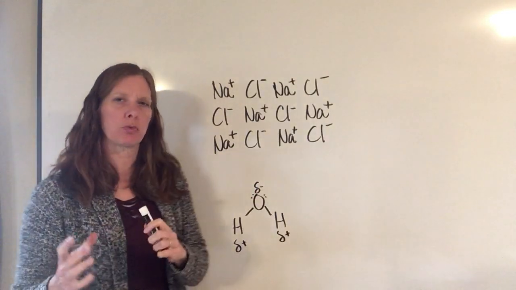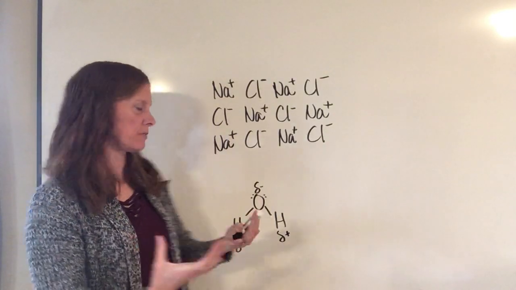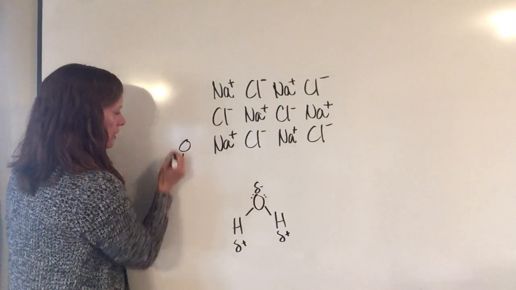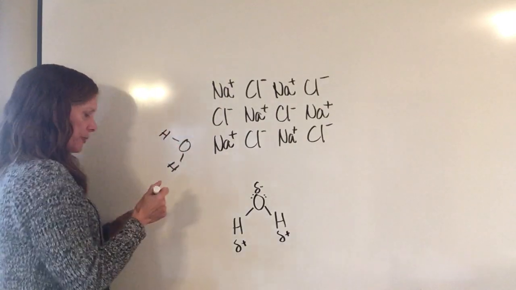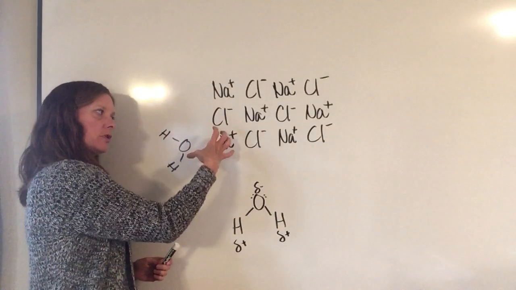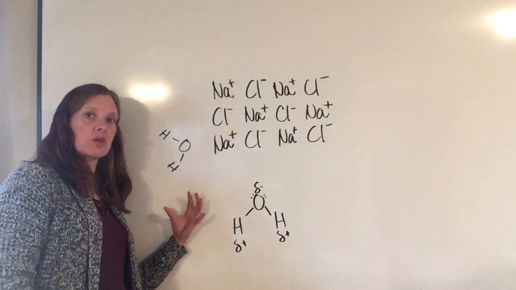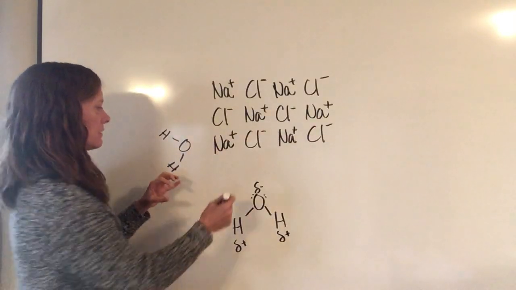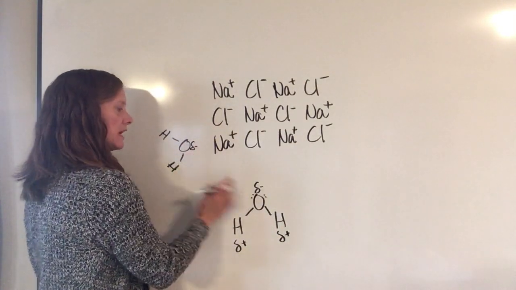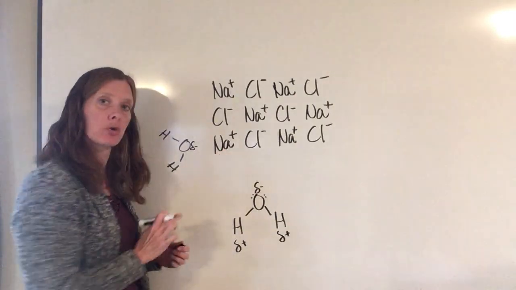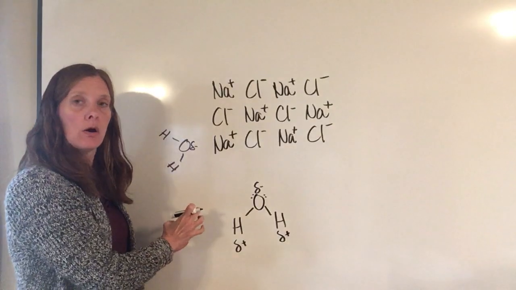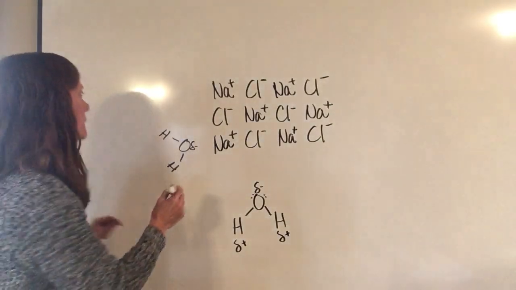And remember that when we do this, we actually have to think in 3 dimensions. So I could draw another water molecule coming at it from this way, but because it's 3 dimensions, there's going to be water molecules coming from in front of the board, there's going to be water molecules coming at it from behind the board, and eventually the attraction of these partial negative charges will attract this partial positive charge, and it'll just pull that sodium atom or that sodium ion right off of there.